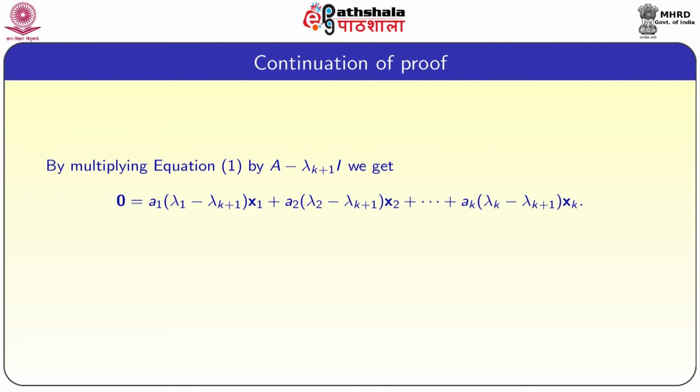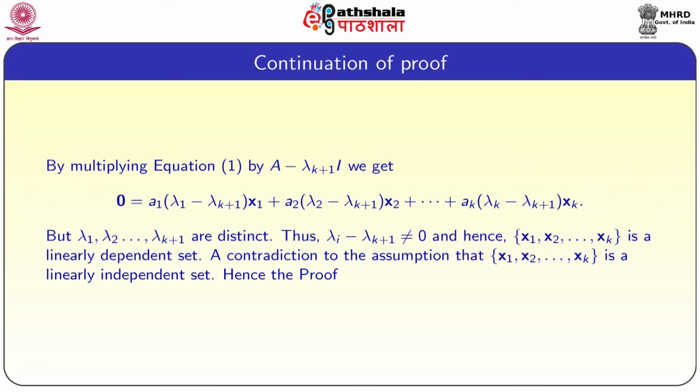By multiplying equation 1 by A minus lambda k plus 1 into I, we get 0 vector is equal to a1 into lambda 1 minus lambda k plus 1 into x1 plus a2 into lambda 2 minus lambda k plus 1 into x2 and so on plus ak into lambda k minus lambda k plus 1 into xk.